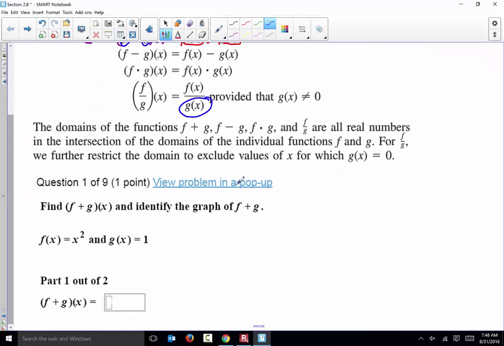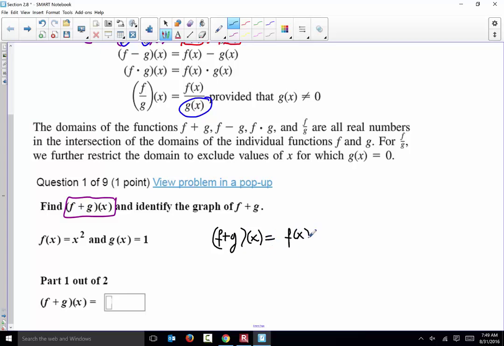Okay, let's take a look at our first homework question. This is from my set. Yours is a little bit different, but it should be addition as well. I know that this notation means add. They want us to add f and g and create a third function out of them, a new function.